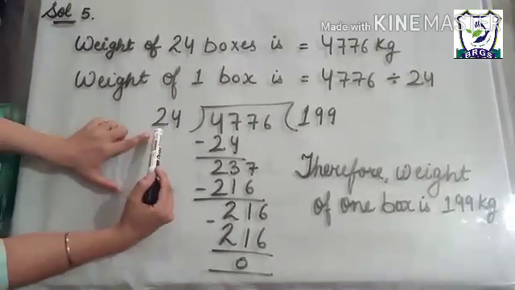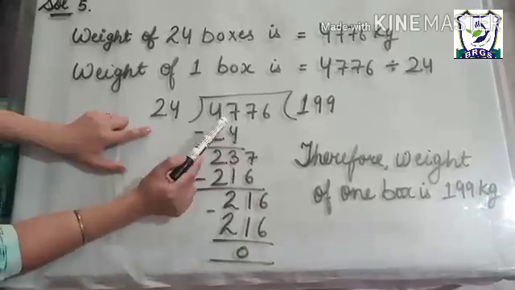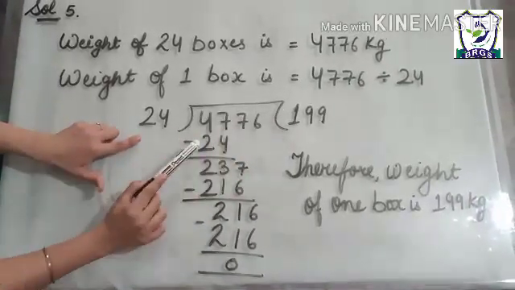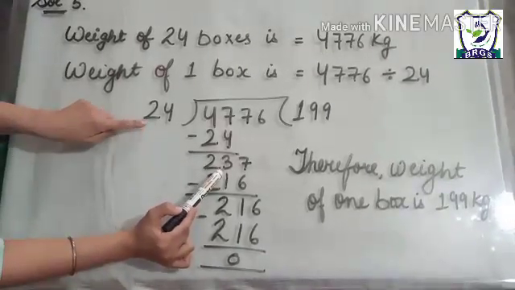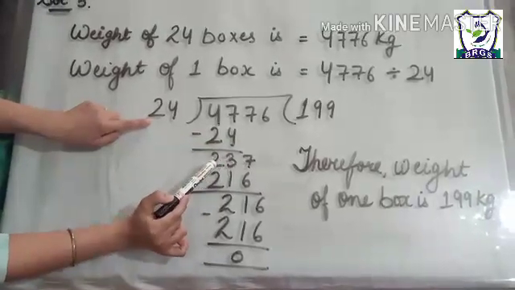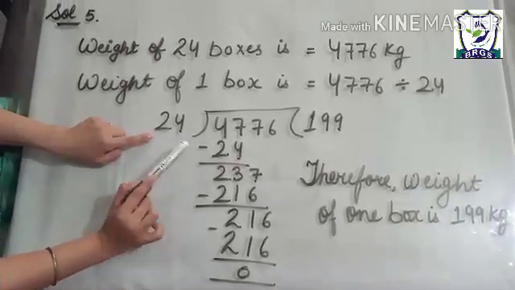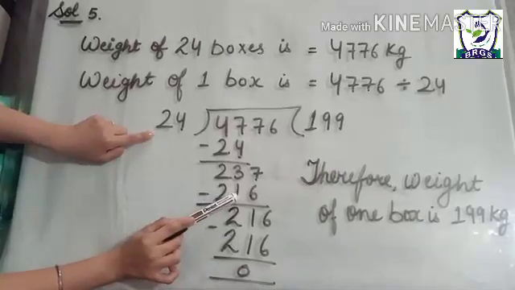Okay students, firstly we will check that this is a 2-digit number, so we will see the dividend also first 2 digits. It will go 1 time. On subtracting we will get 23. As 23 is smaller than 24, we will bring down the next digit, that is 7. On checking how many times 24 goes into 237, it goes 9 times, because 24 into 9 gives us 216.